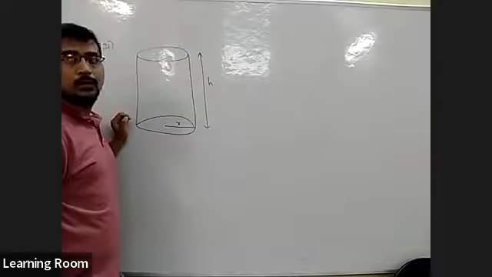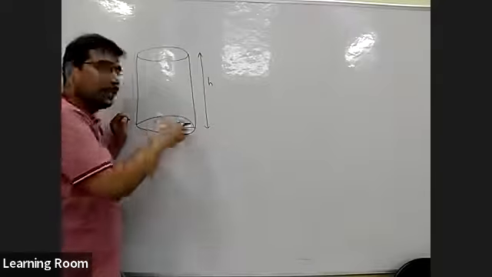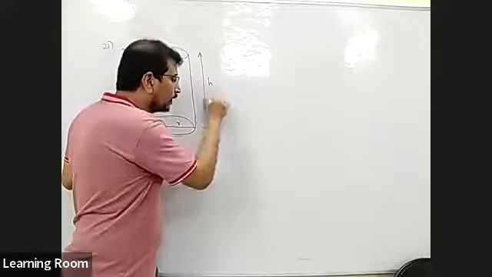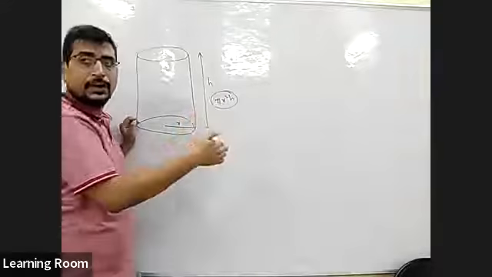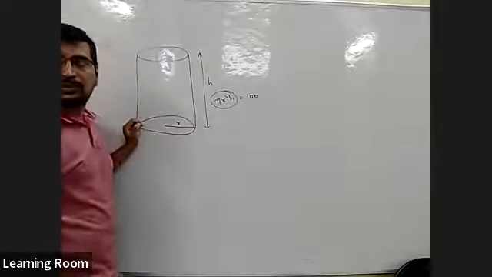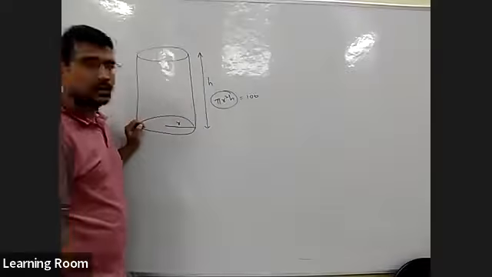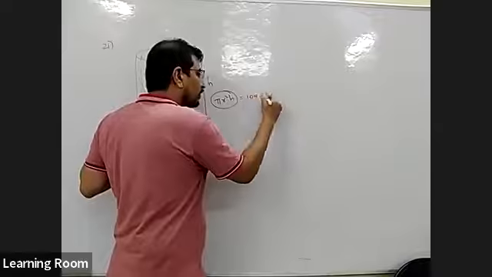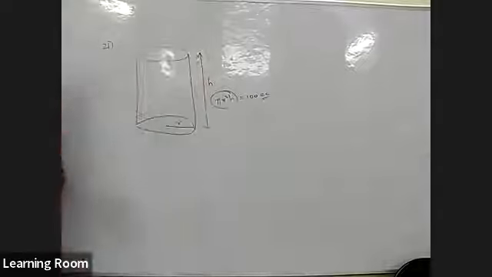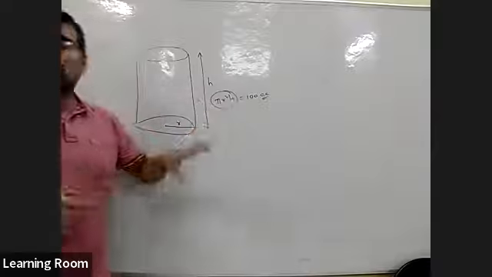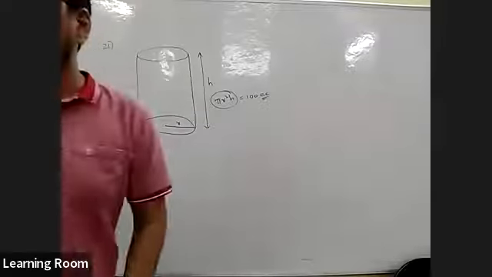No, because the height and radius can be adjusted in such a way that pi r square h will always give you 100 cc. Are you able to understand this one? So here what are the variables? R is a variable and H is also a variable.